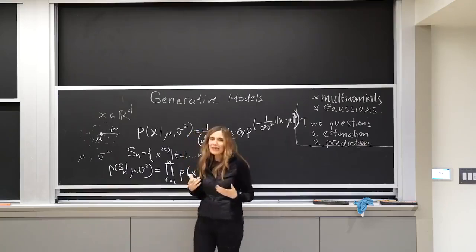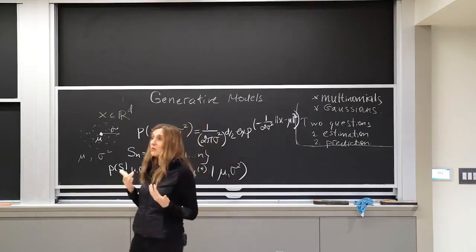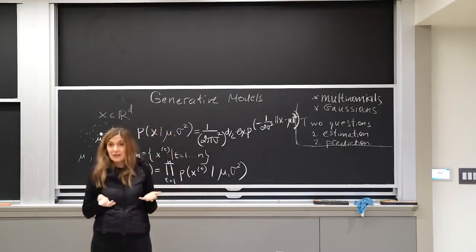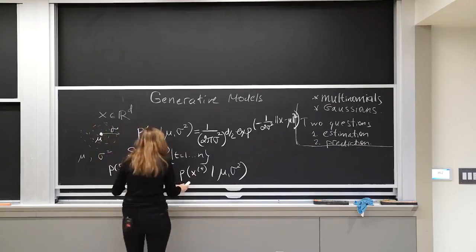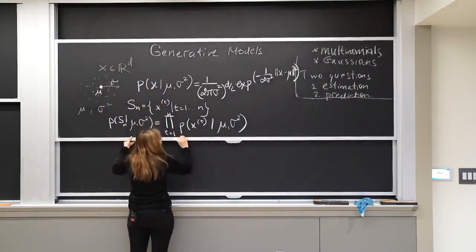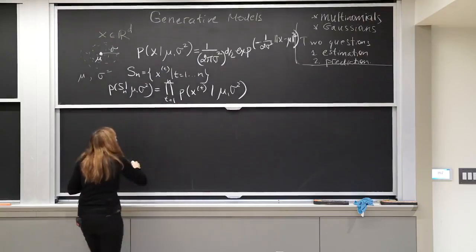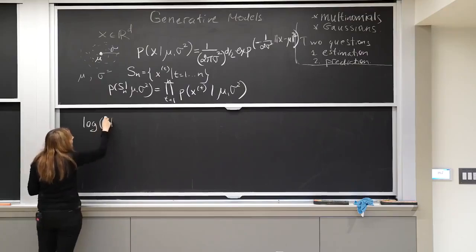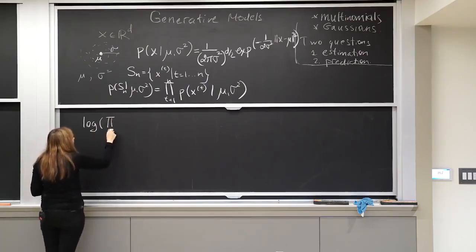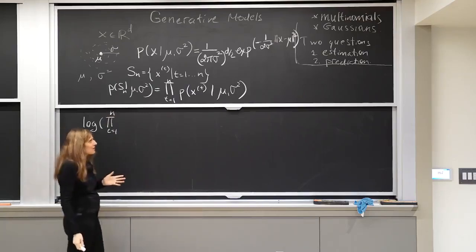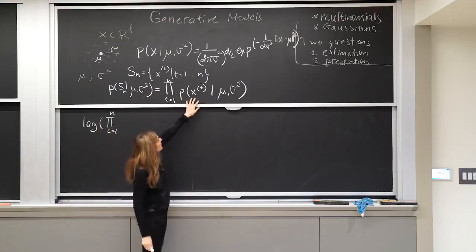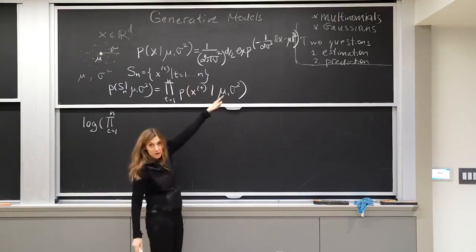And the same way as we've done before when we were talking about the multinomial, instead of directly looking at this expression, we're going to take its log because it will be easier for us to work with. Okay, so let's do that. So we are looking at the log of this expression. To reduce the amount of copying, instead of writing this probability, I'm going to write this whole expression above.